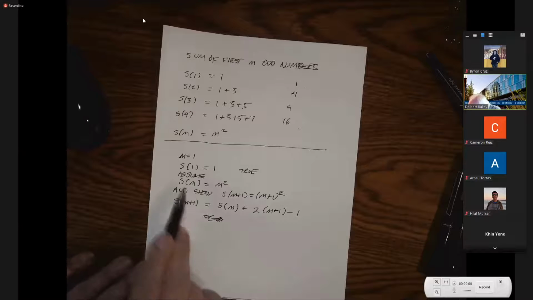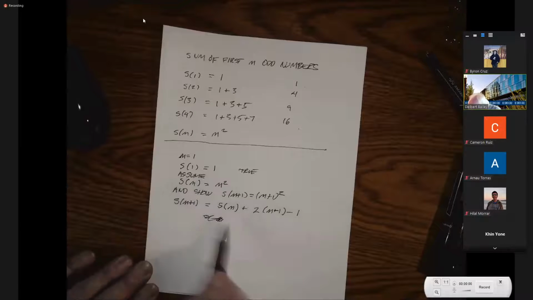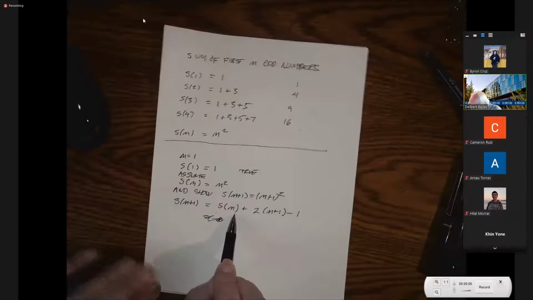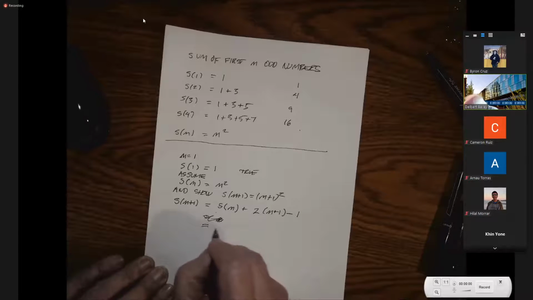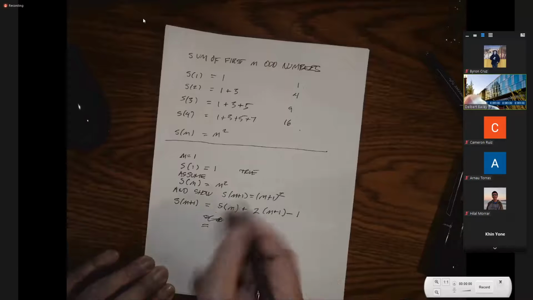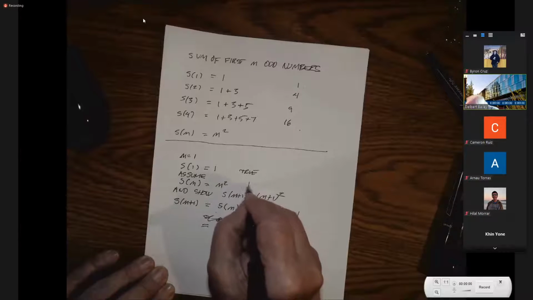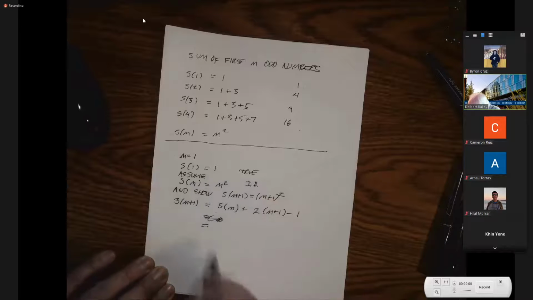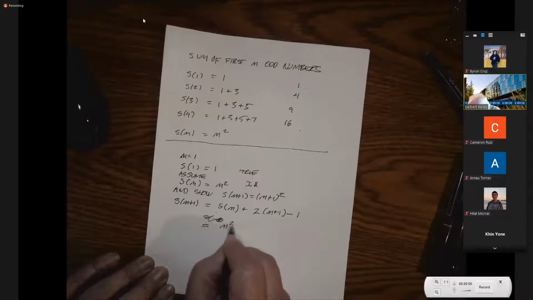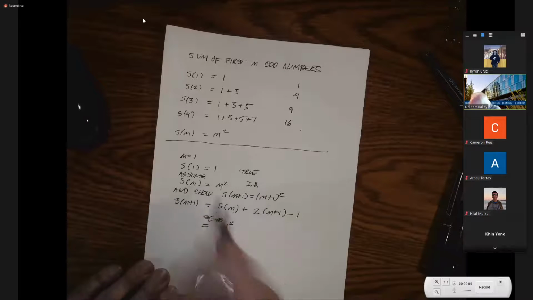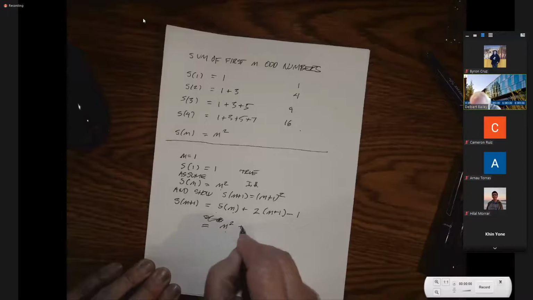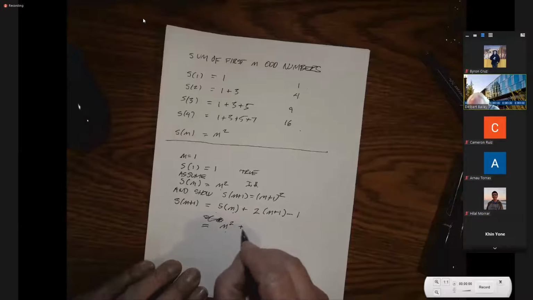But now we're going to make use of our assumption to put in the value for Sn. The vocabulary for this assumption is that it's called an inductive hypothesis. And so we'll use it here. That's saying that Sn is n squared, plus the next odd number.